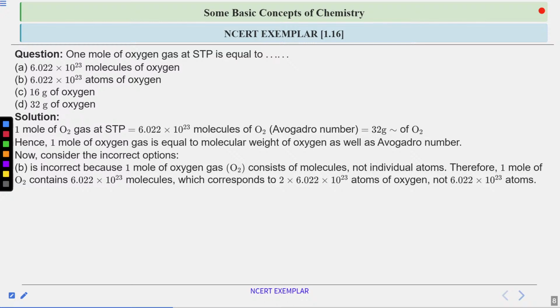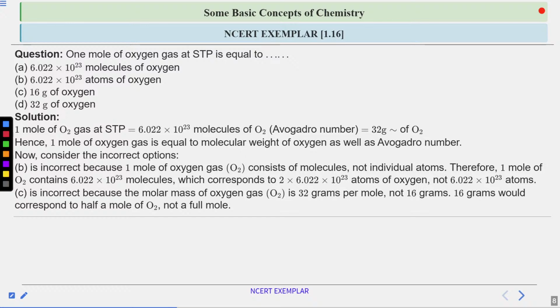Now what about the third option? This 16 gram corresponds to 1 oxygen atom. Again the same thing.